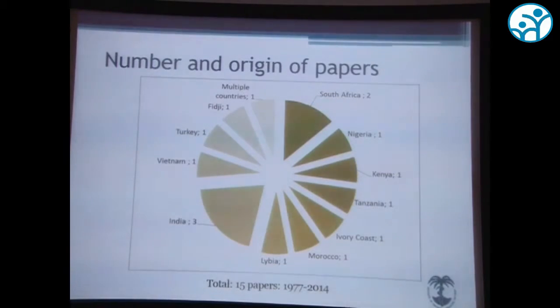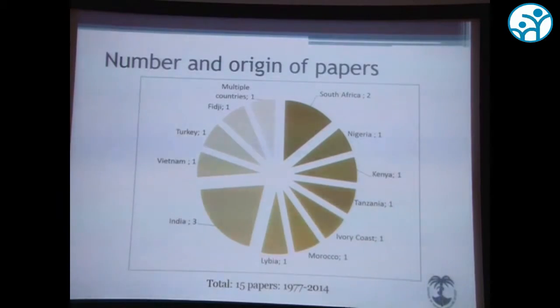When you look at the origin of the papers, you can see on this pie chart that half of the publications came from the African continent, so 2 from South Africa, 1 Nigeria, 1 Kenya, 1 Tanzania, 1 Ivory Coast. We had 1 publication from Morocco.